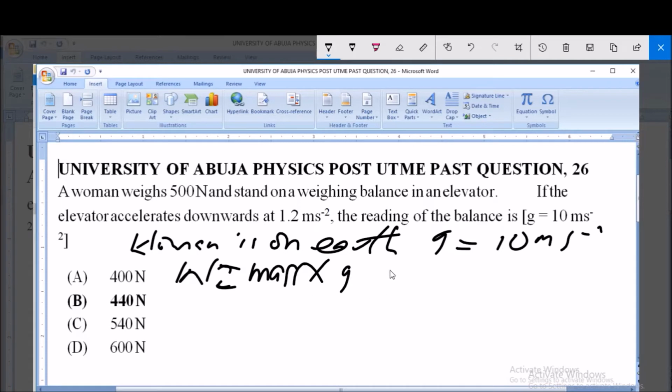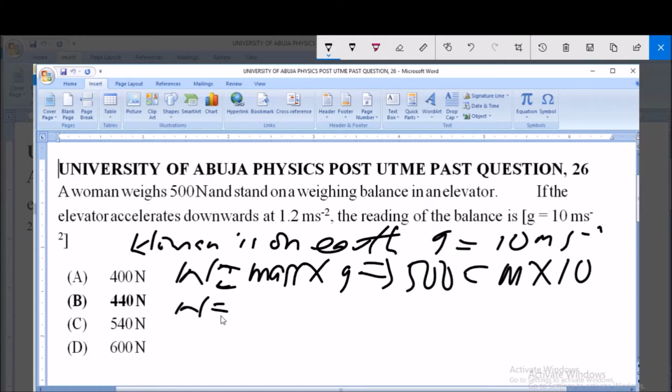Our weight, 500, is equal to mass m multiplied by g, which is 10. So our mass becomes 500 divided by 10, which is 50 kilogram. Now 50 kg is the mass.